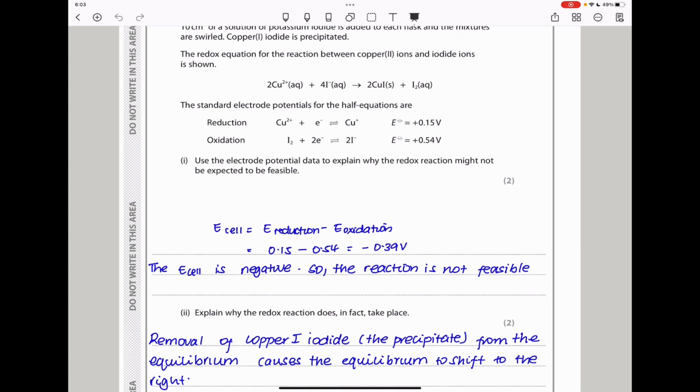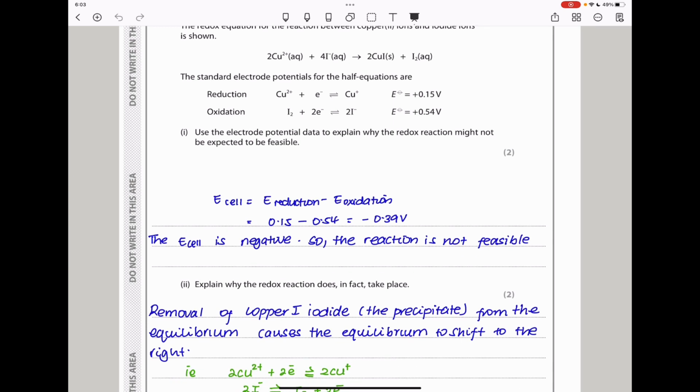We know that the E for the cell, or the electrode potential for the cell, should be the electrode potential for the reduction minus the electrode potential for the oxidation. So in this case, it should be that minus that. So here we get reduction minus oxidation, which is 0.15 minus 0.54, and we can see here we get negative 0.39 volts.